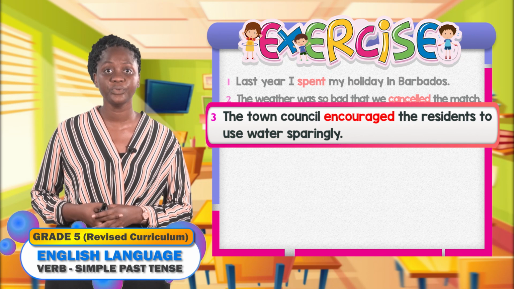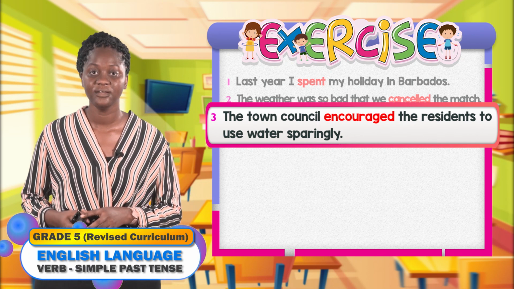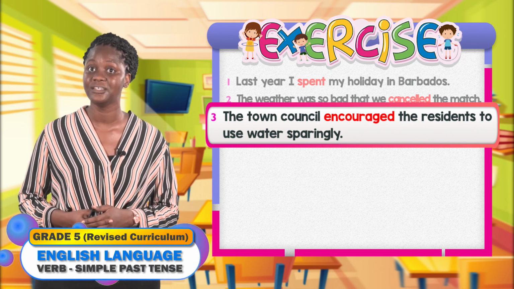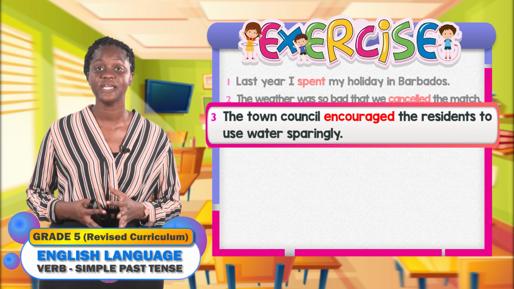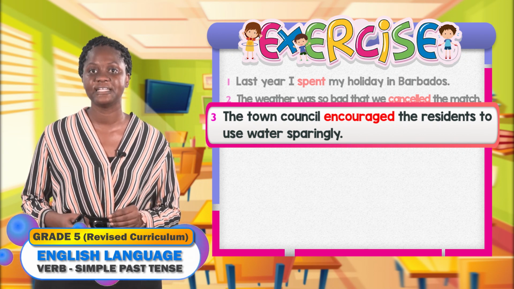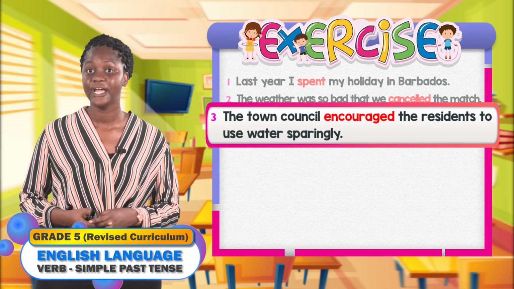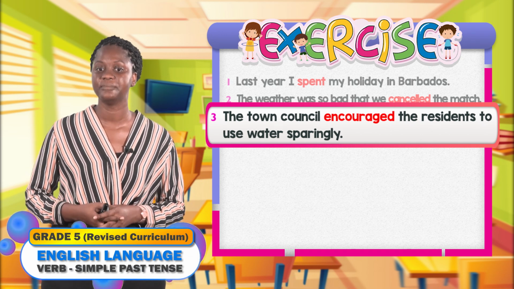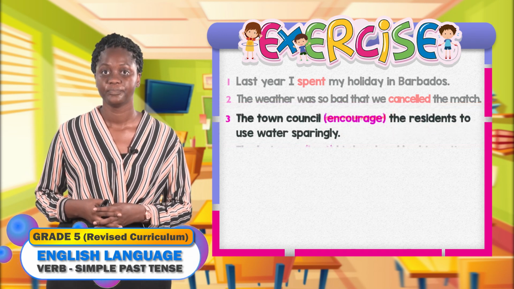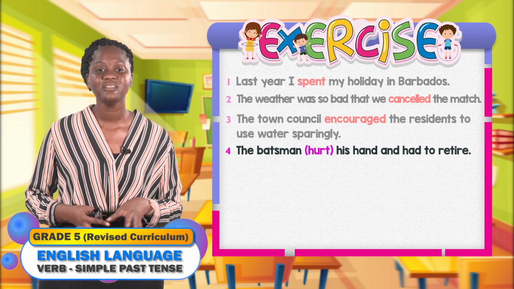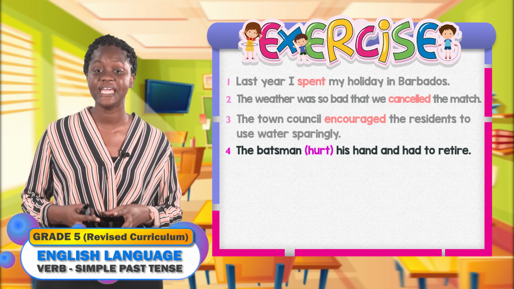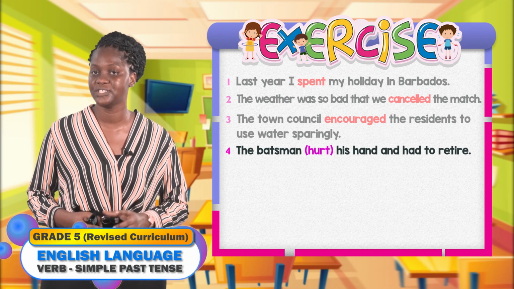All we need to do is drop the E, then add ed. So encouraged is spelled ENCOURAGED. And lastly, our sentence reads, the batsman something his hand and had to retire.